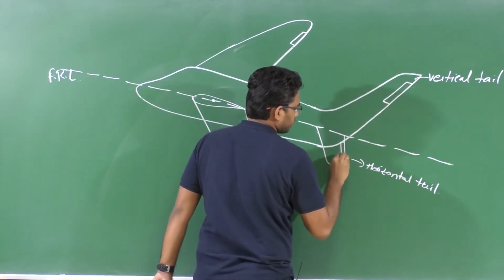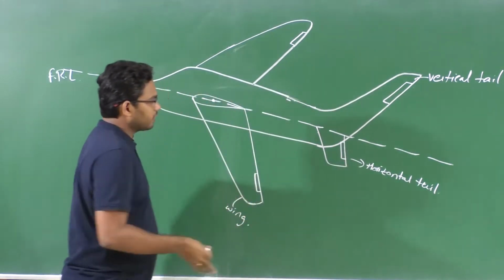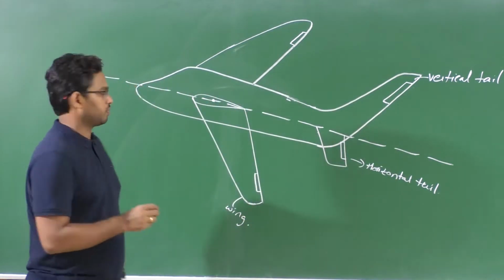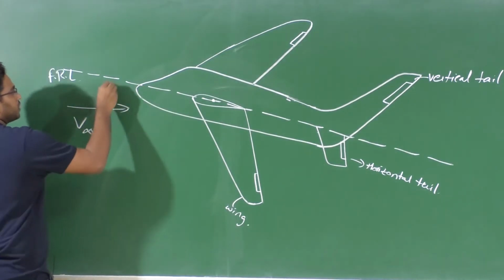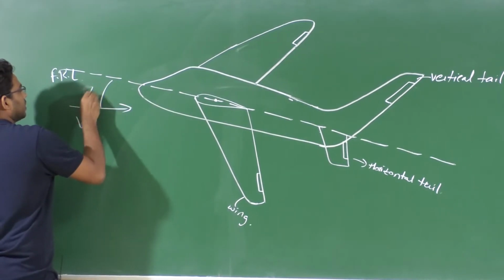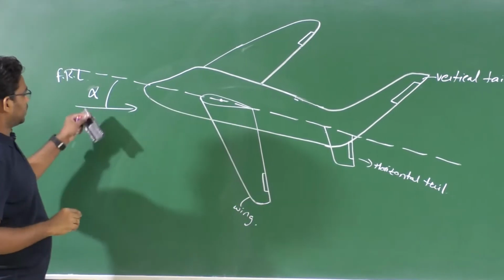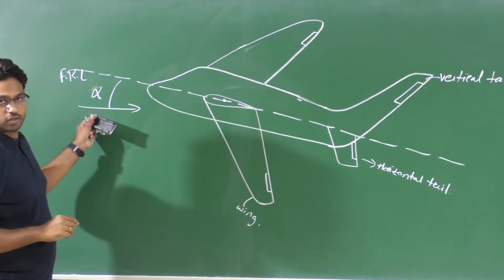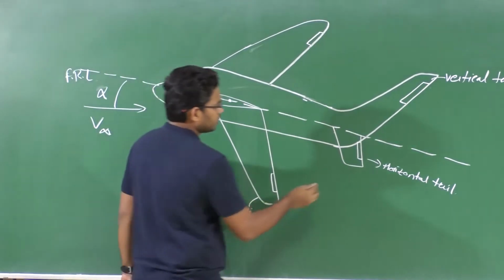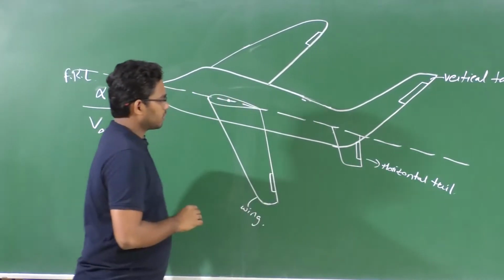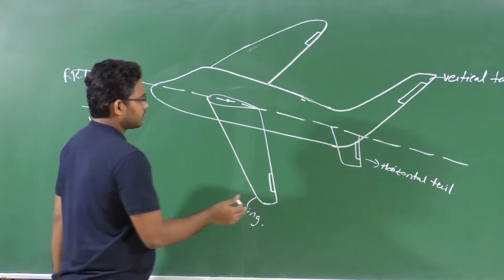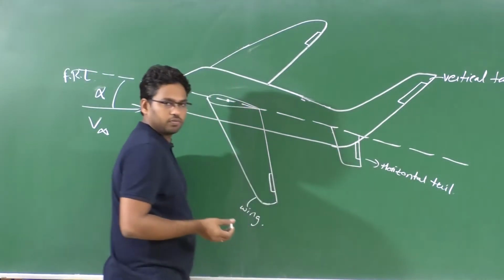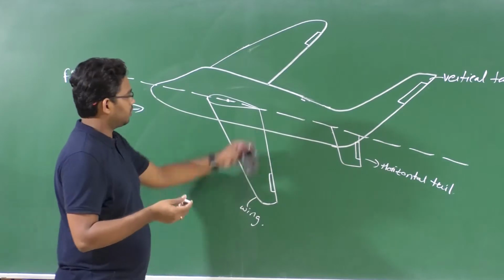So these moving surfaces, when deflected at certain angle with respect to the flow, right, say this aircraft is moving at certain velocity v infinity, making an angle of attack alpha with respect to this free stream velocity, right. So when we deflect this control surface with respect to this flow at certain angle, this will alter the local aerodynamic forces which generates moment, right, about CG.